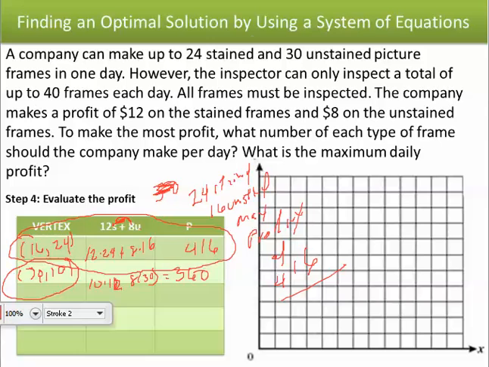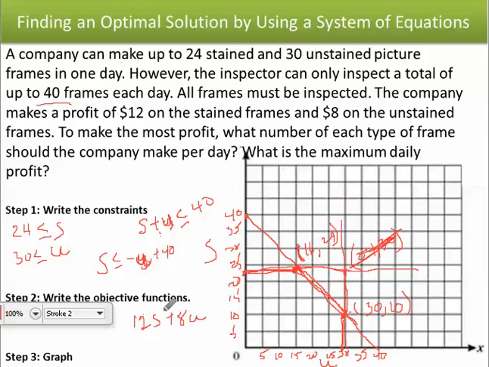It's exactly the same equation I've got over here, 12s plus 8u. It's just written backwards, okay? Because I used s instead there. You can see it can get confusing here, but by graphing it this way, I found the point. And I probably should have labeled it as unstained and stained so that we knew what we were doing there, okay?